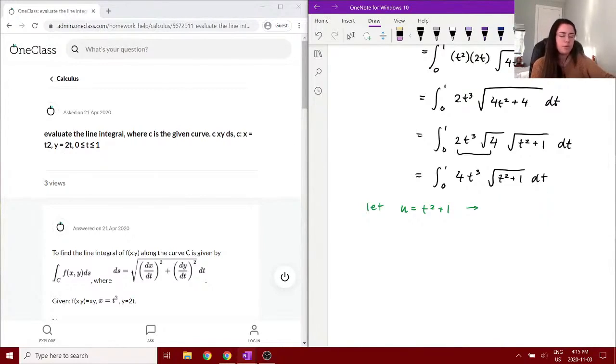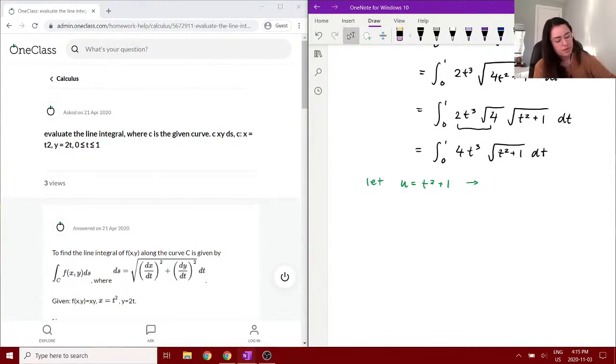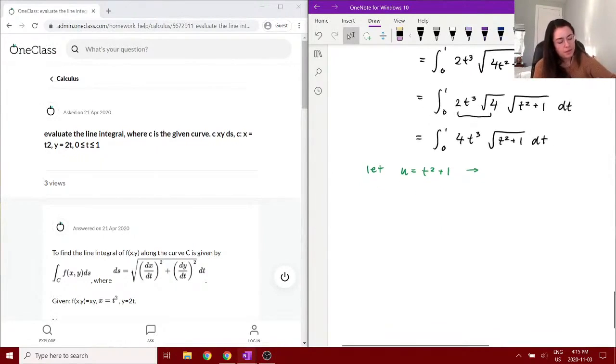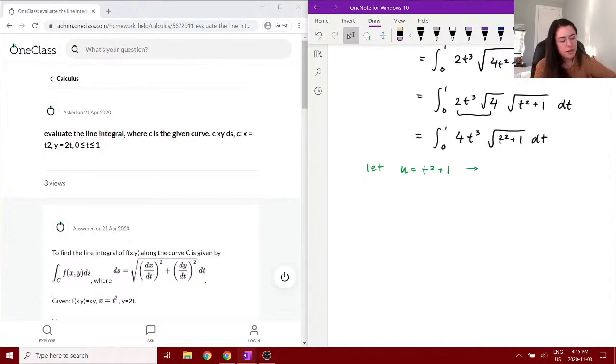So everything will be with respect to u instead. We also have to remember to change the bounds, because this is equal to t and this is equal to t. We have to replace those as well. I'm just going to do that one afterwards. So yeah, I wanted to say u equal to t squared plus 1.